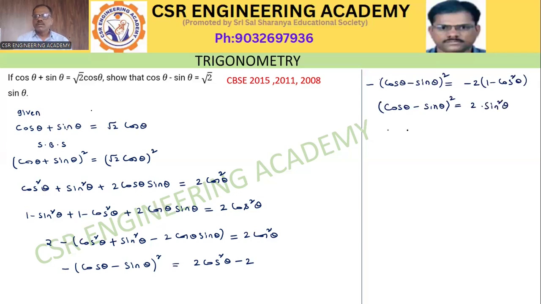Therefore, cos θ - sin θ = √(2 sin²θ). Cos θ - sin θ = √2 sin θ.